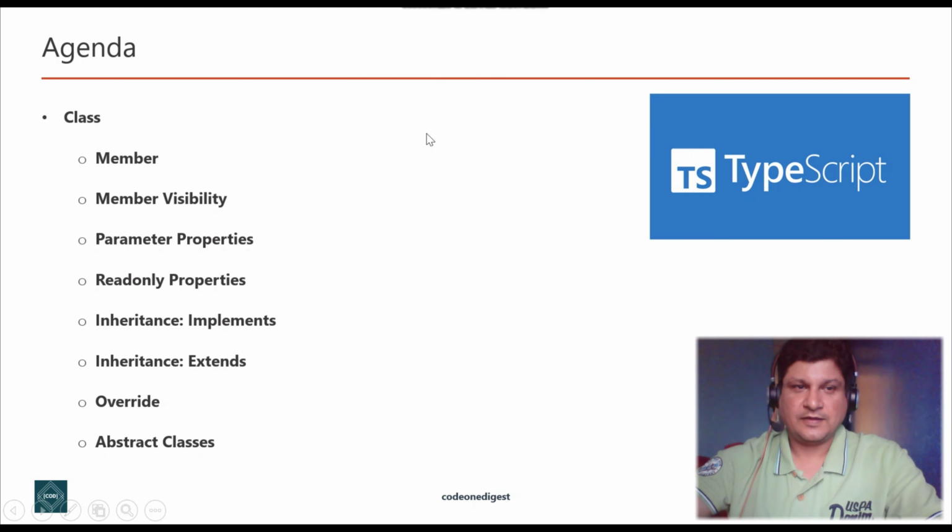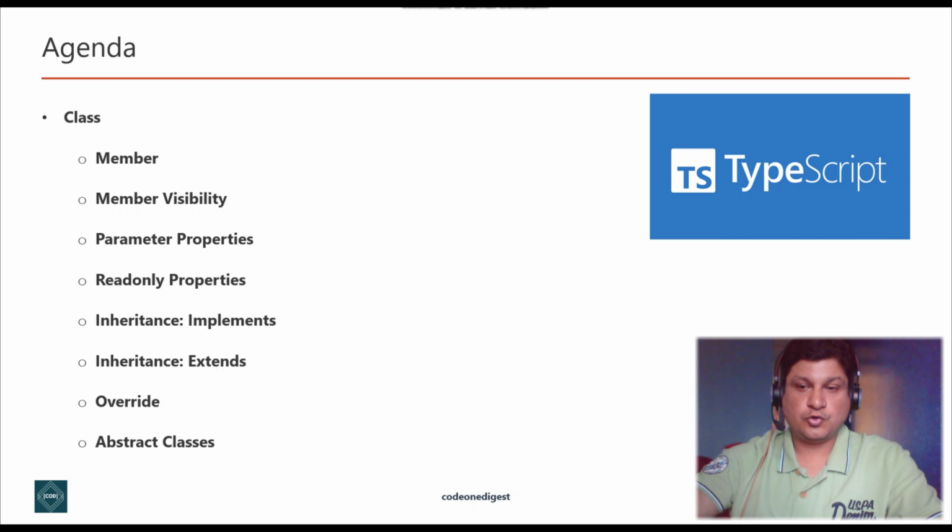Okay friends, so here is the agenda of this tutorial. Today I am going to cover class, and in that we'll see how to define member variables. How can we control the visibility of those member variables? What are parameter properties? How can we define read-only properties in a class? Then we'll see the inheritance concept of implements.